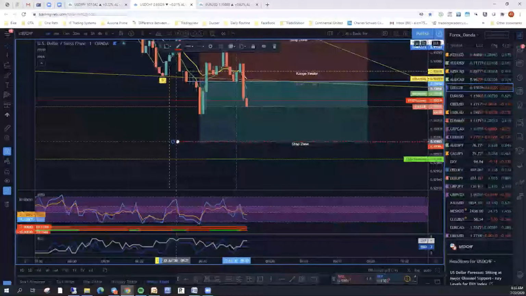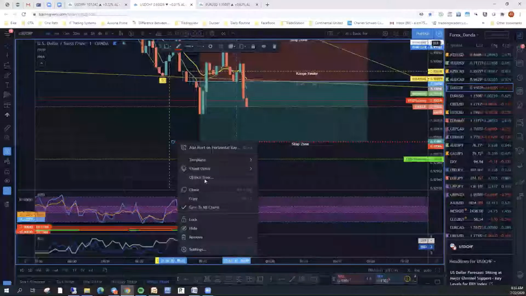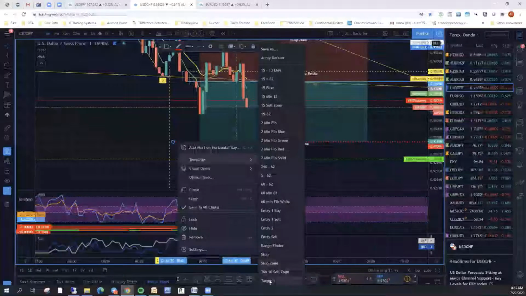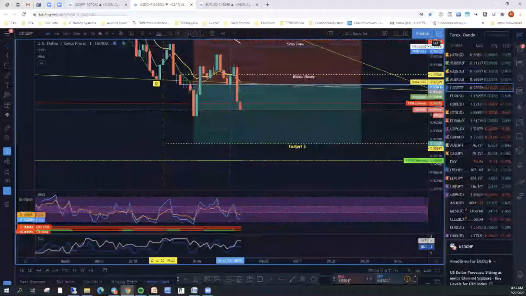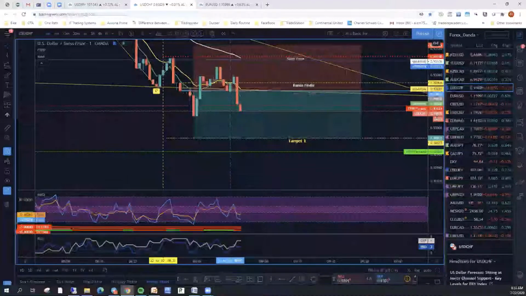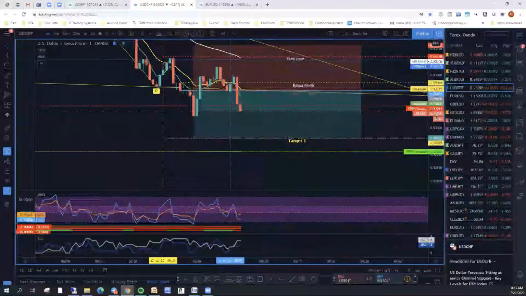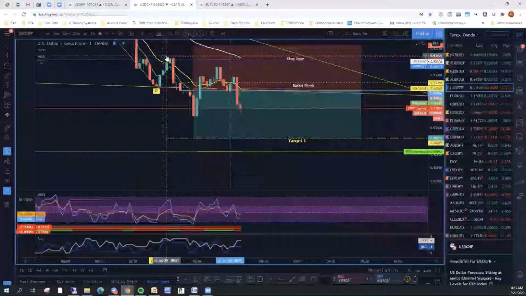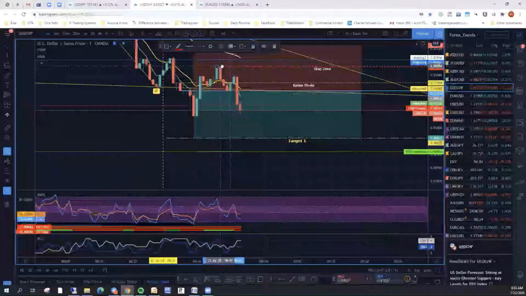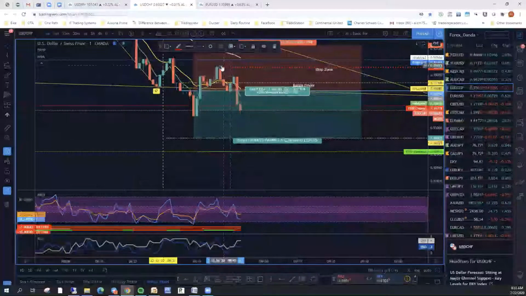Here's our target 1. And now we can sort of follow this thing along. Here's a high. This was broken, so here's a high.